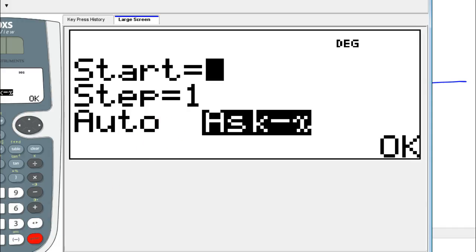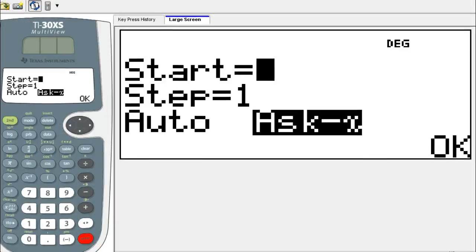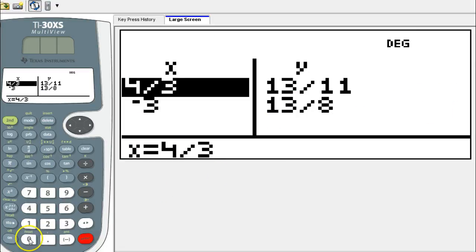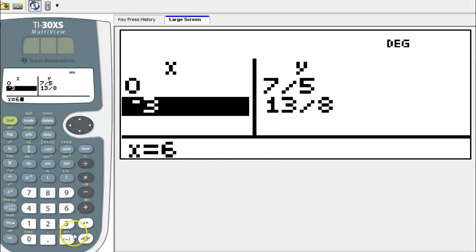Make sure your calculator is in Ask X mode. So I have these 3 values I want to evaluate: 0, 6, and 10.